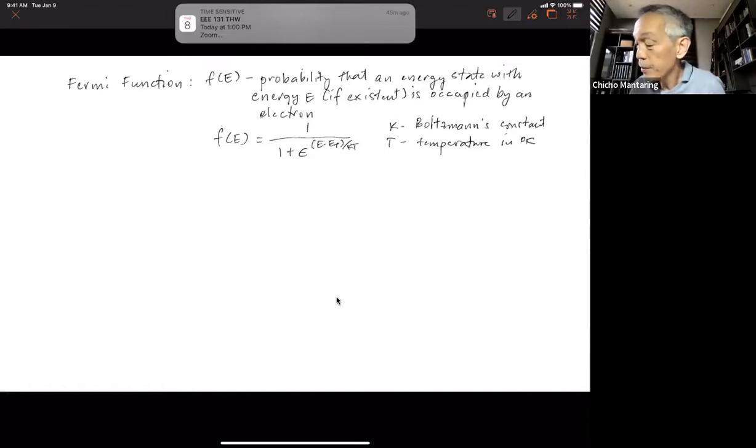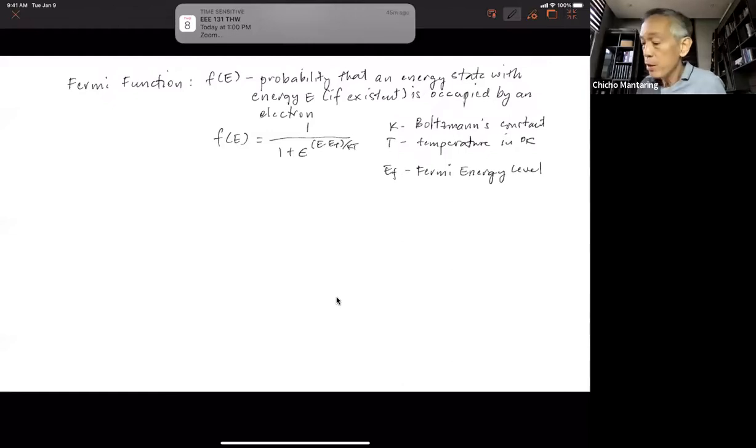And EF is what we call the Fermi energy level. You don't have to remember it. I don't think we're going to give problems where you have to apply this formula.